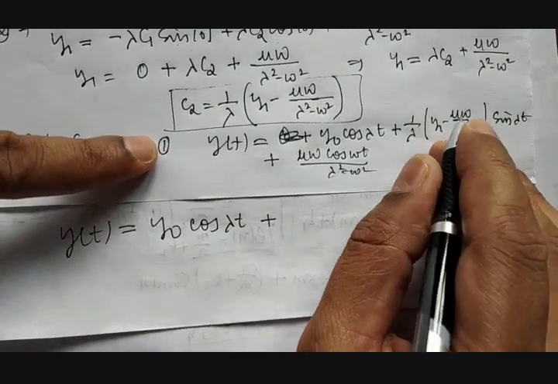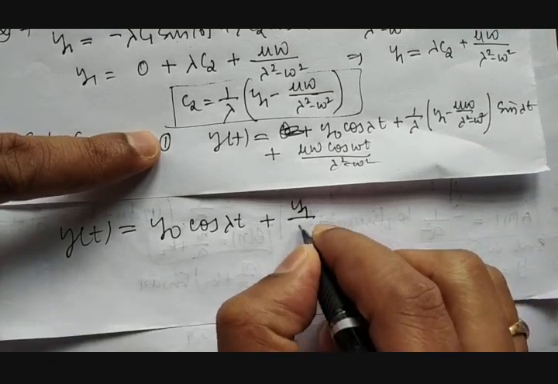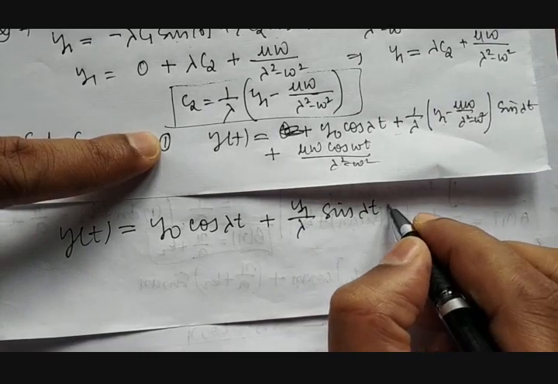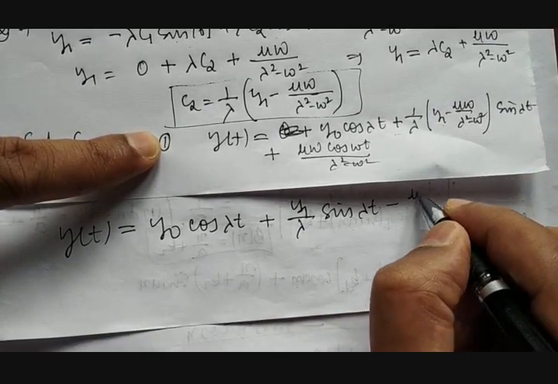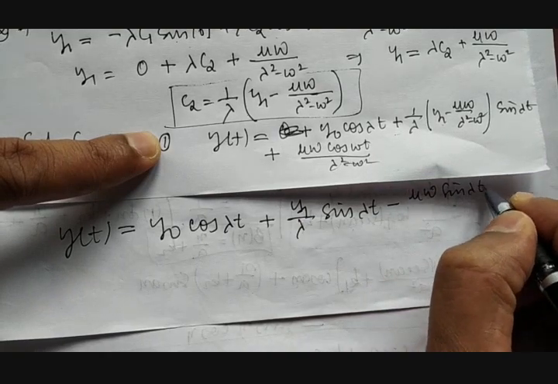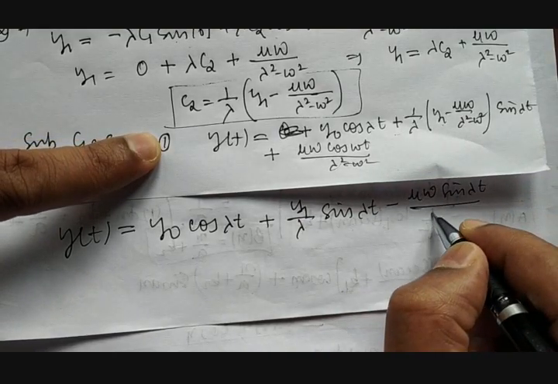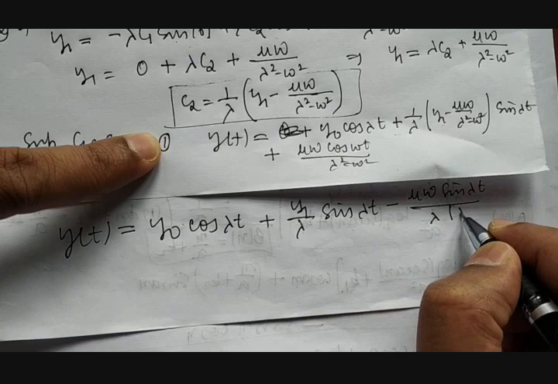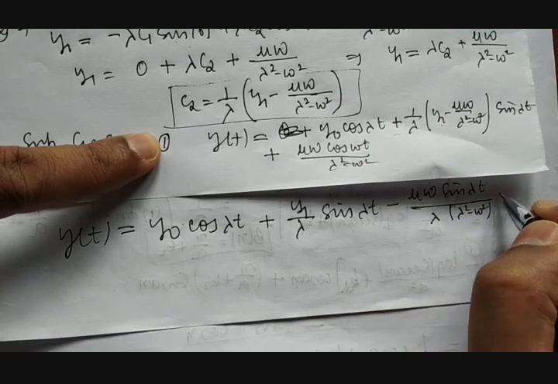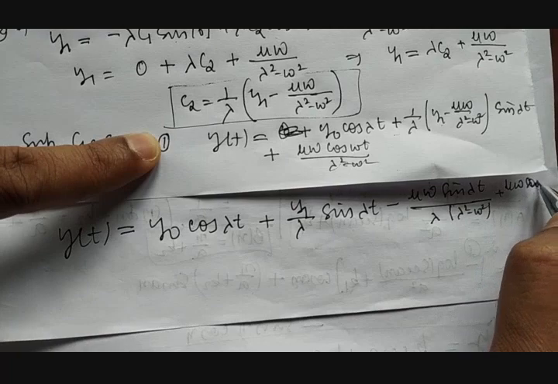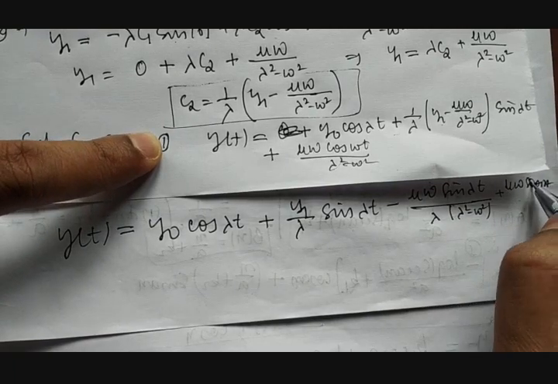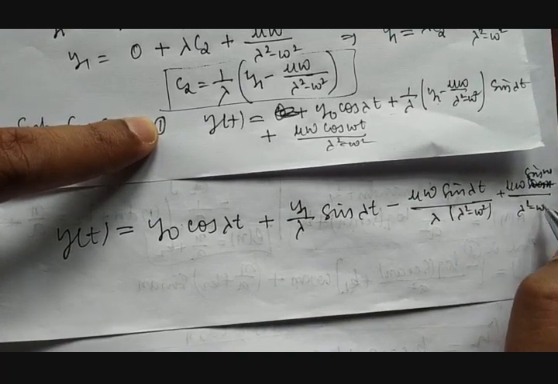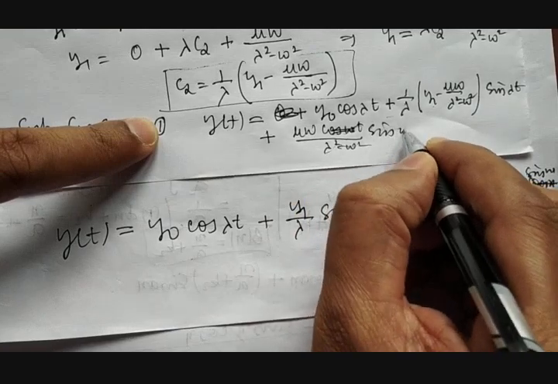If you take a group multiplication, it becomes y1 by lambda into sin lambda t minus mu omega into sin lambda t divided by lambda into lambda square minus omega square, plus mu into sin omega t divided by lambda square minus omega square.